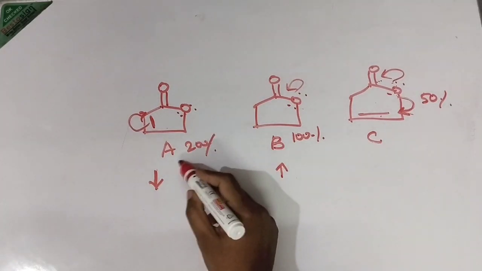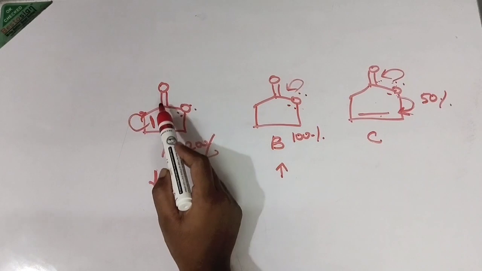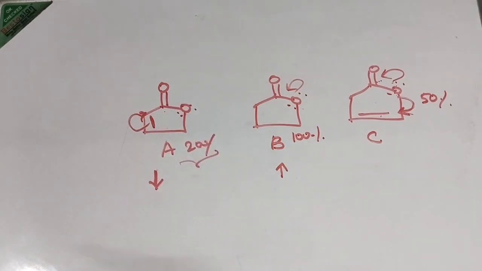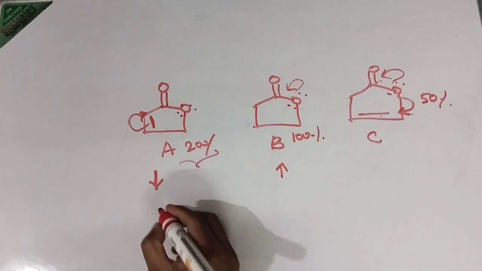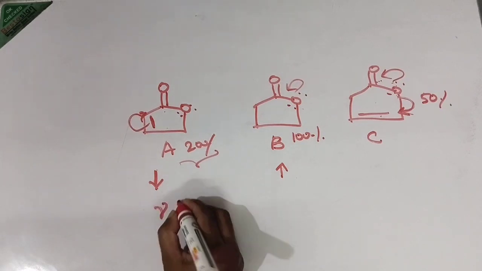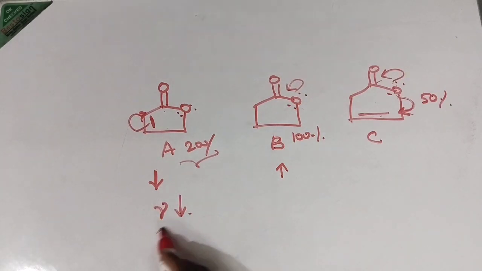If this much of electrons is donated towards this carbonyl group, what will happen to the carbonyl group? The double bond will get converted to a single bond easily, right? Hence, what happens to the frequency? The frequency will be decreased.